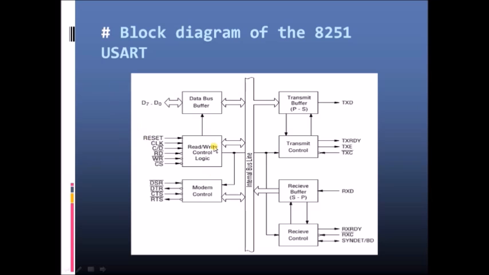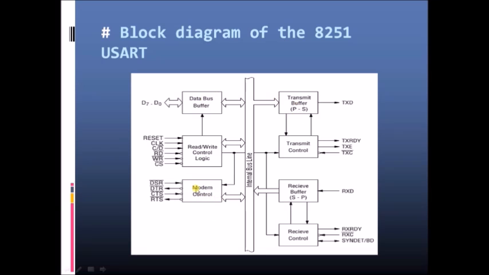Here we have a read-write control logic. As you can see, some input pins are present for this read-write control logic, where it internally has some registers, and this control logic provides some control signals. Whenever we are interfacing a modem, we have to use these modem control signals.